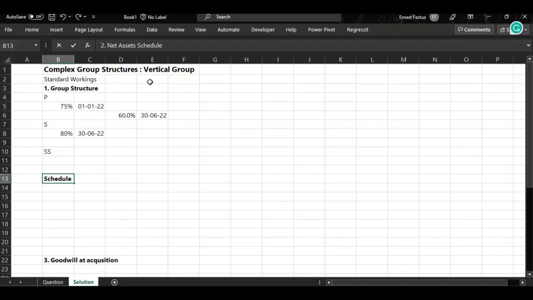controls. So the net asset schedule of S and SS. So we can put S here and then we can put SS here. Okay, so let's cut it. Put it here.